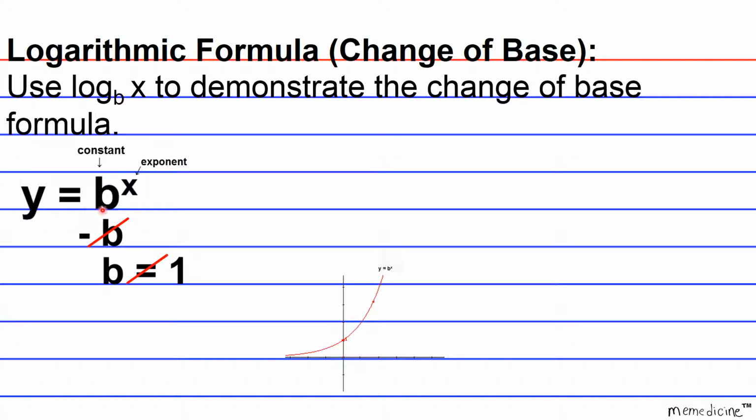But here the constant is the base in an exponential format, and the exponent is the independent input variable. And in an exponential function, the output number that you get by multiplying the base by itself however many times the exponent dictates is called the power.